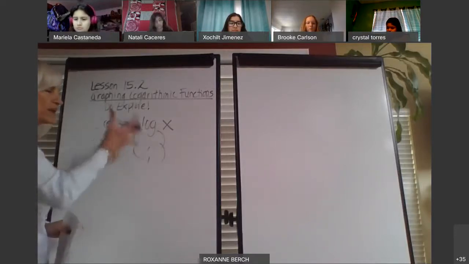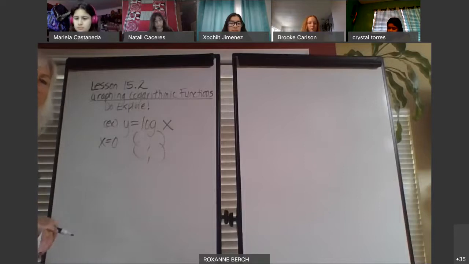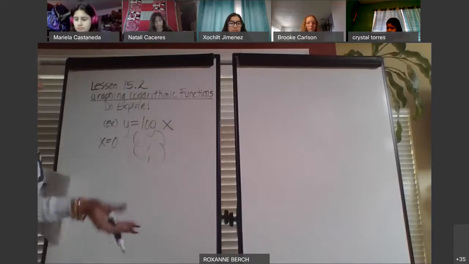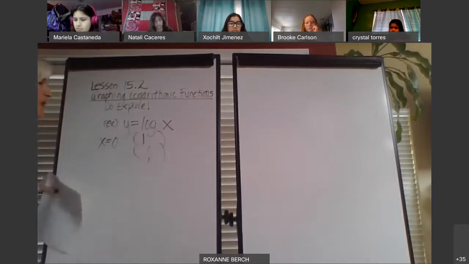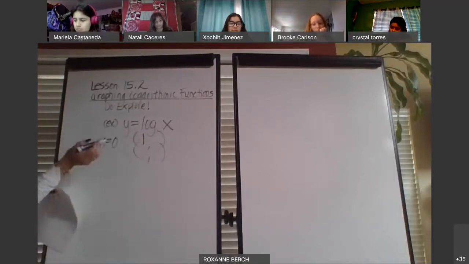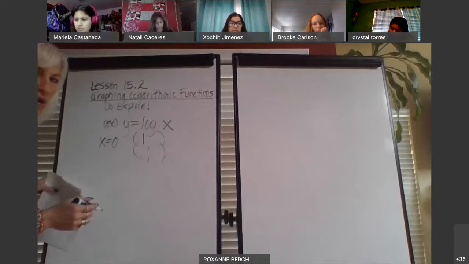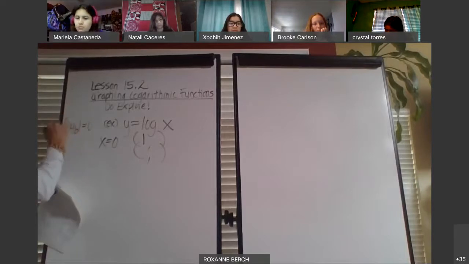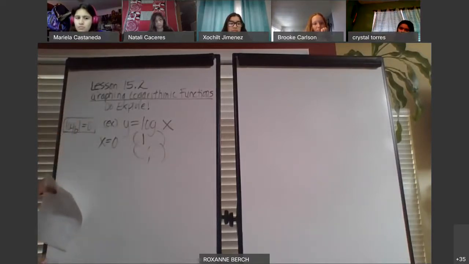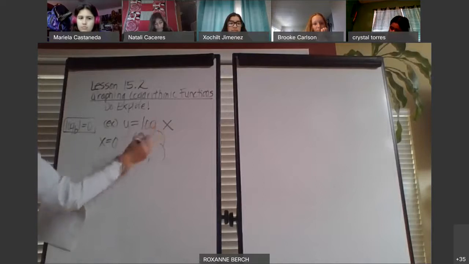So if you were to pick x's here to graph this, what would you pick? Well, one thing you'd want to pick is 1. Because last time I gave you a logarithmic property, and I said log base b of 1 is always 0. So log base 10 of 1 is 0.